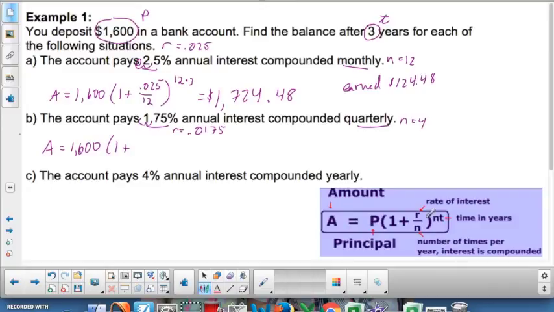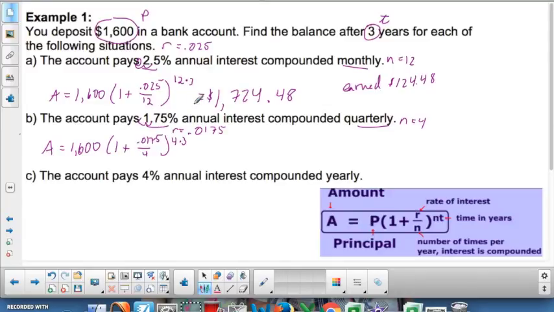My r, the numerator of that fraction, is going to be 0.0175, and my n is 4 now because I'm compounding it quarterly. And then in my exponent, my n is 4, my years are still 3. So now I've got 4 times 3 up here instead of 12 times 3.